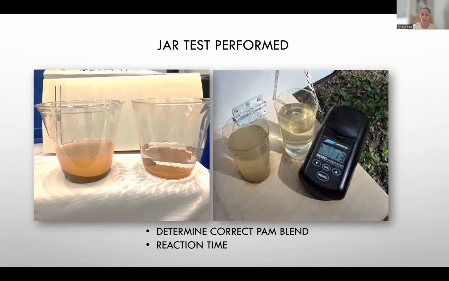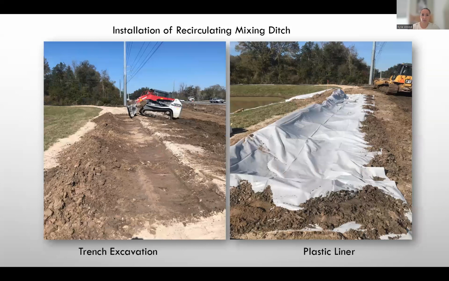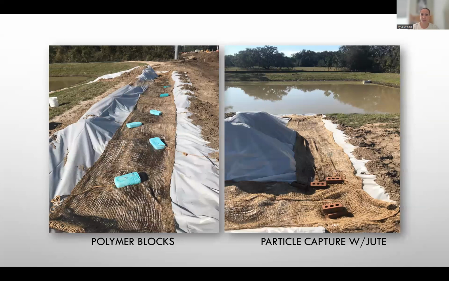On this project they could just excavate a trench and line it with plastic. If you didn't line that channel, you would just be causing more erosion and more turbidity as you started pumping the water. So it's really important to use a lined channel or lined treatment area with no outside sources of turbidity after our flocculant. They also lined it with jute.